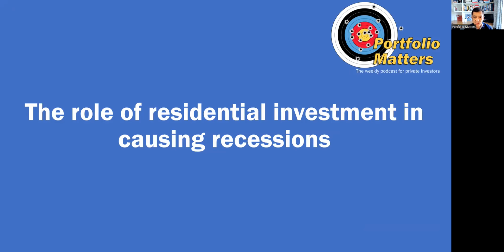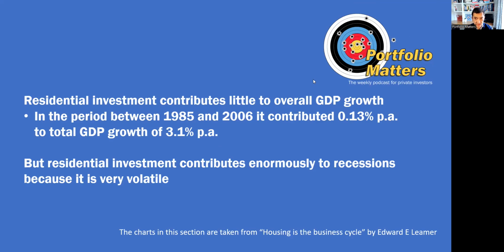So what then is the particular role of housing in causing recessions? Now, the first thing to say is that residential investment is actually a tiny part of GDP. Between 1985 and 2006, it contributed only 0.13% per annum to total GDP, which grew at 3.1% per annum.